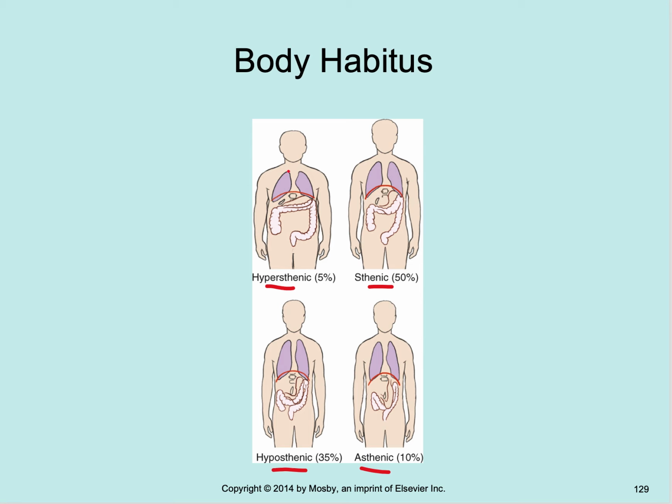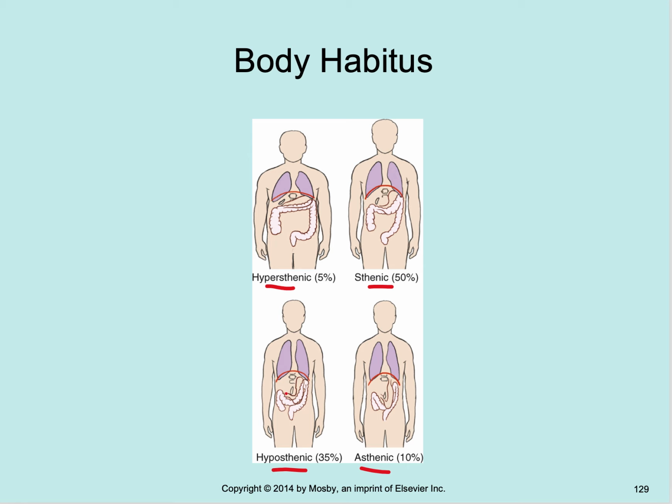So hypersthenic, the lungs are wider, shorter. The sthenic, the lungs are wide, they're starting to elongate a little bit. Hyposthenic, they are starting to elongate even more. Same thing with the asthenic, they are very long. And then if you look at your colon, you can see that the transverse colon is high and across. In the sthenic, it starts to drop down a little bit.